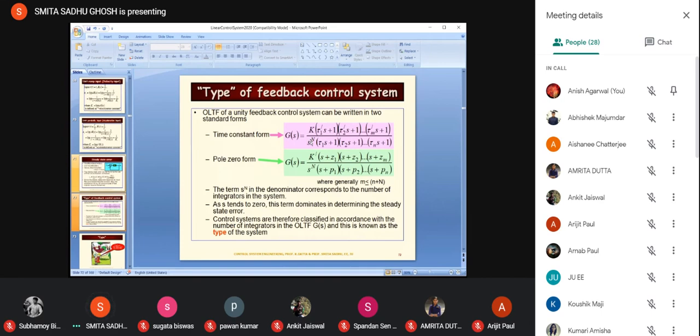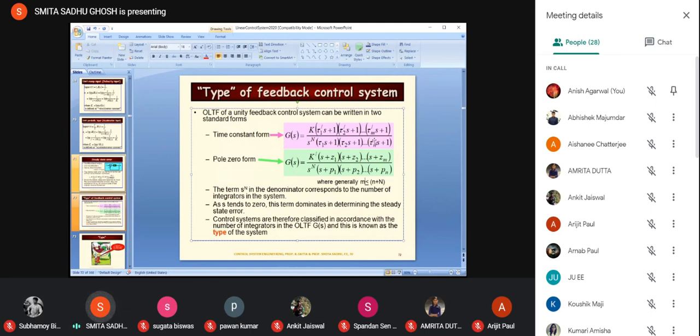In both these forms, there are several things that you have to keep in mind. The first thing is that the numerator order will be lesser than or equal to the denominator overall order. I hope you are familiar with that. That is given here mathematically: m is lesser than or equal to small n plus capital N, where capital N is the power of the single s term, and you have the other poles that are present over here.